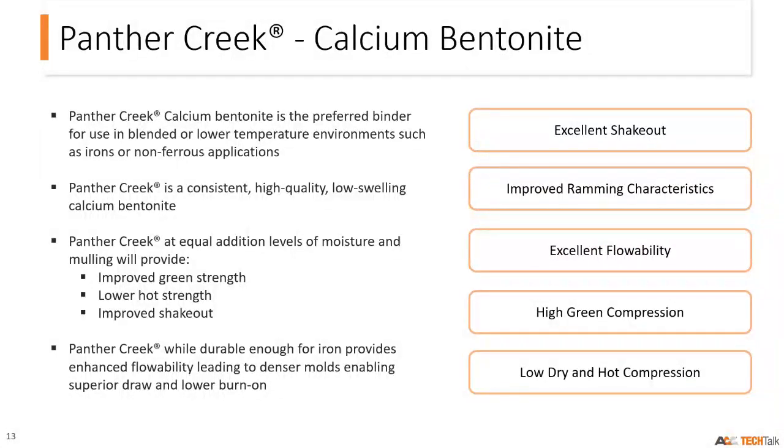It is durable enough for iron, but provides enhanced flowability, leading to denser molds, enabling superior draw and lower burnout. So major properties are excellent shakeout, improved ramming characteristics, excellent flowability, high green compression, and low dry and hot compression. These bullet points were taken directly from the tech data sheet for Panther Creek calcium bentonite, and that can also be found on our website, mtimetalcasting.com, should you like to go and get further information.